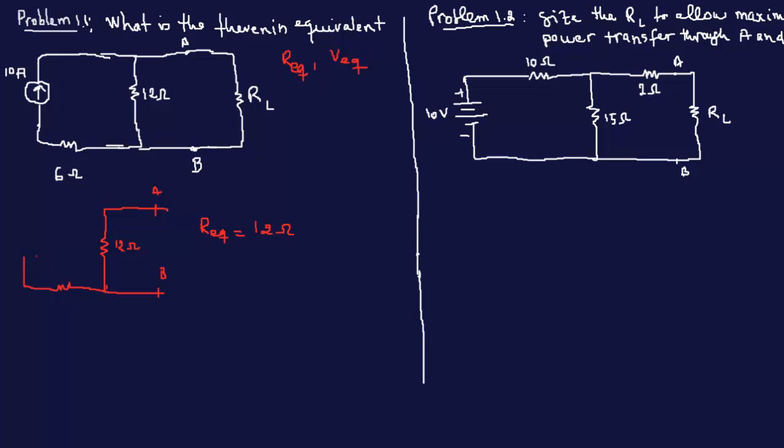So you can't even count them. We have an infinite resistance going through here and then 0 amp. That's why the 6 ohm is not counted, so do not even put them in parallel together. The only thing we have left across the terminals A and B is only 12 ohms.